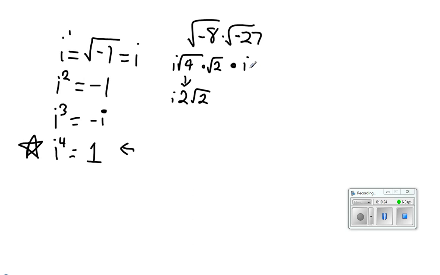Okay. So the square root of 9 times the square root of 3. And this is a good factor because what's the square root of 9? 3. So now we have 3i times the square root of 3. I'm just going to write this down.